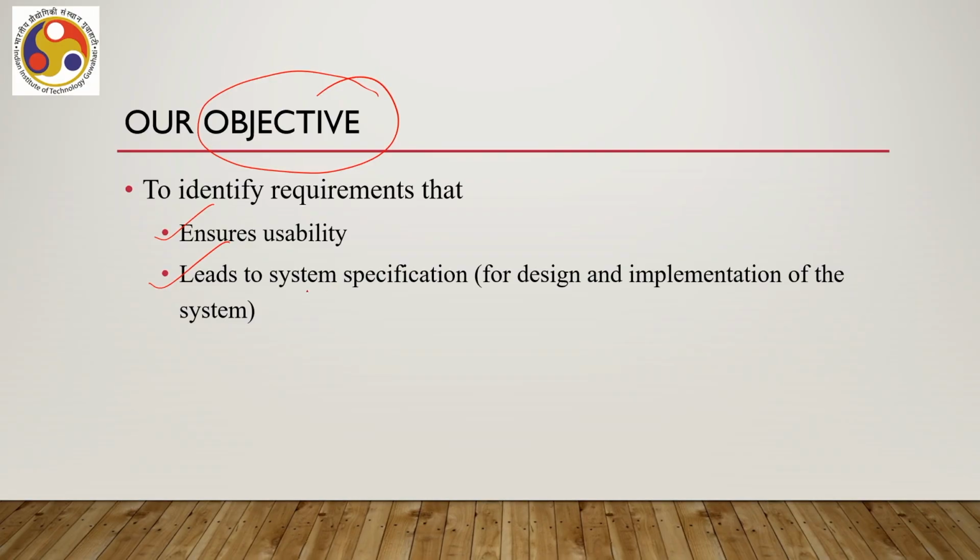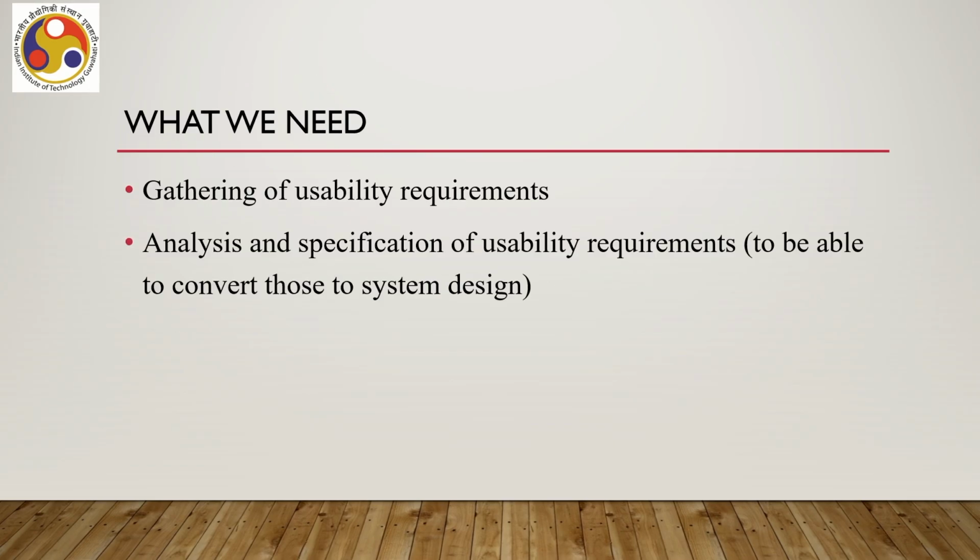So, system specification is also important for design and implementation of the system. So, what we need is gathering of usability requirements and analysis and specification of the requirements to be able to convert those to system design and subsequently implementation.